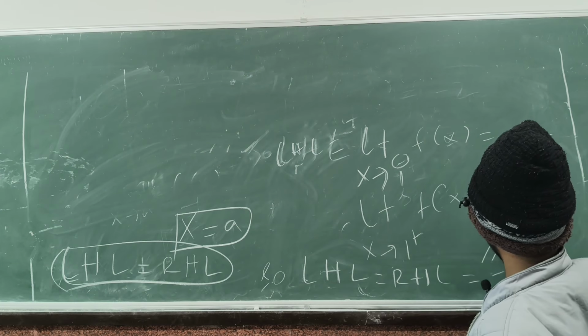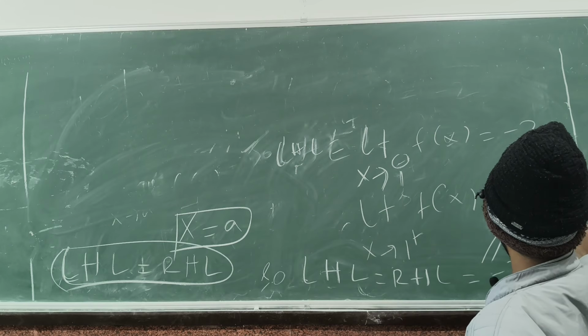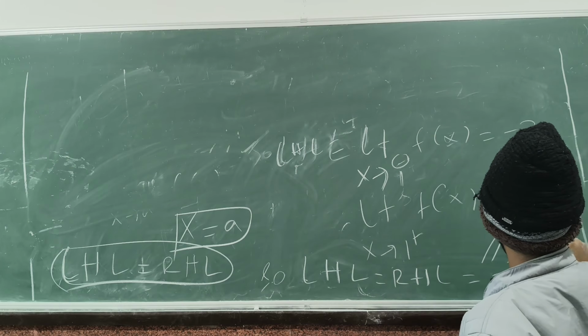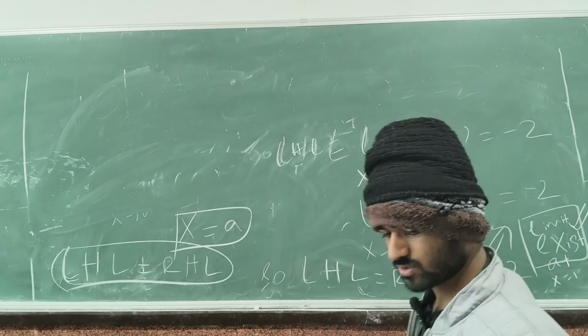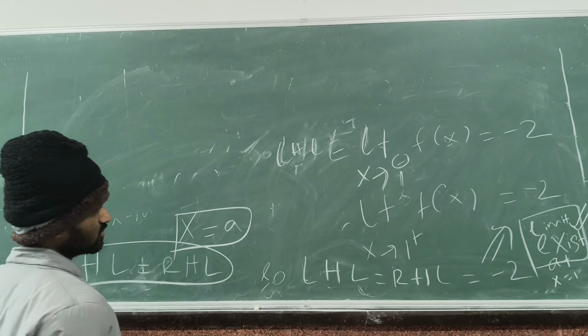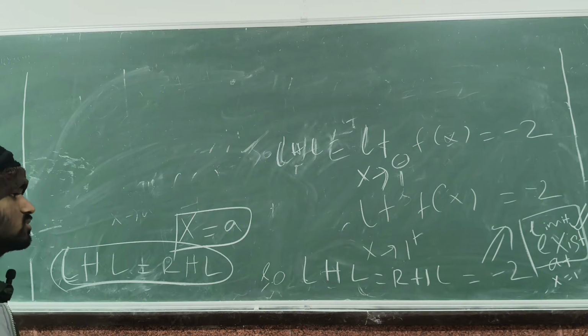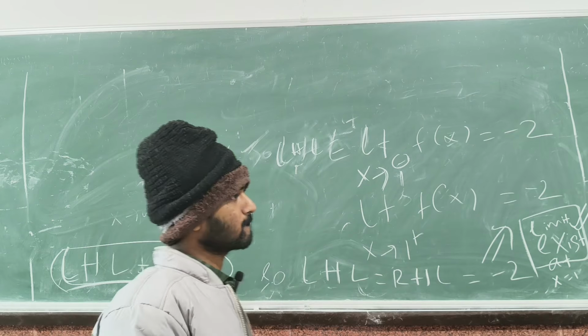So we can say the limit exists at x equals 1. So the limit exists at x equals 1 in the before example, because left hand limit equals minus 2 and right hand limit equals minus 2.